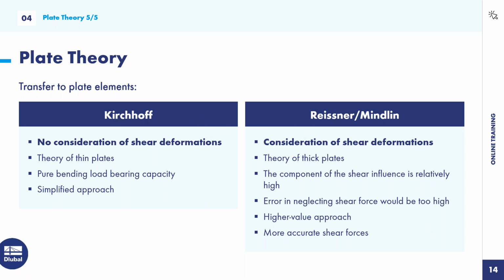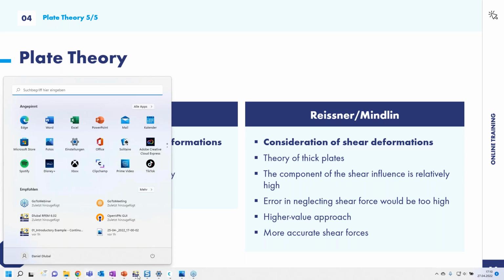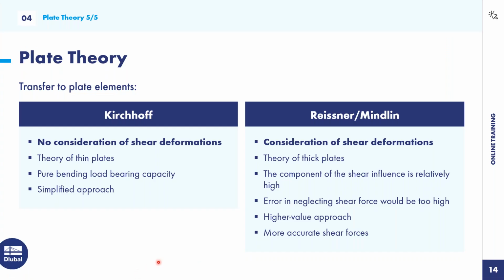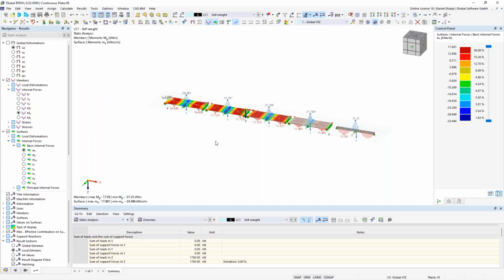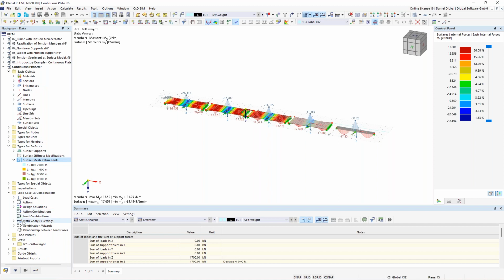And now I show you where you find this option in RFEM 6. So you go here to the data navigator, and here you find the static analysis settings.